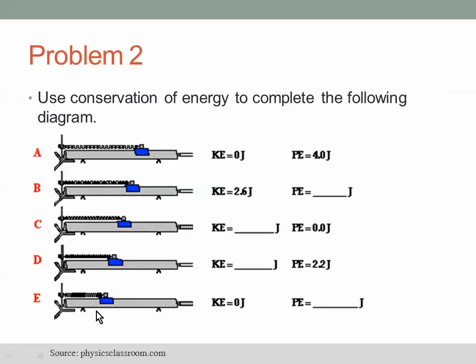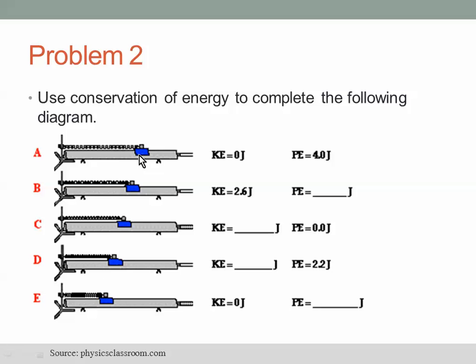Let's look at something a little bit different. We're going to remember that spring force is a conservative force, so spring energy will be conserved. What's going to happen to the spring energy as the position of this object changes, as the spring is compressed more and more?